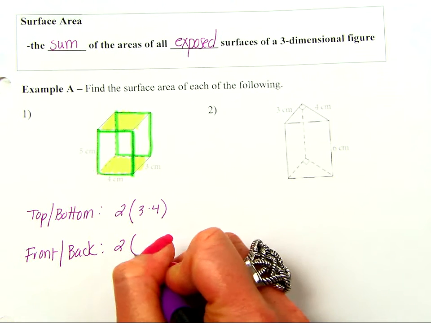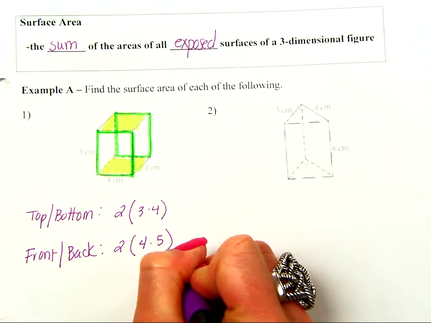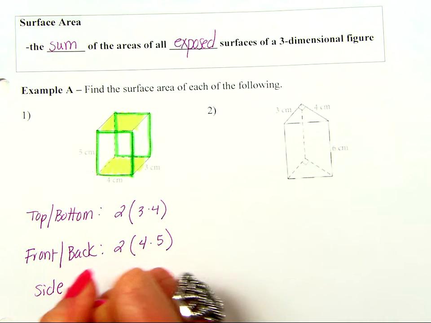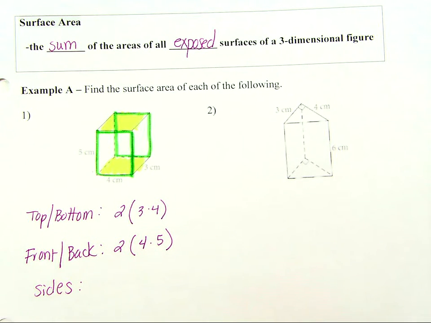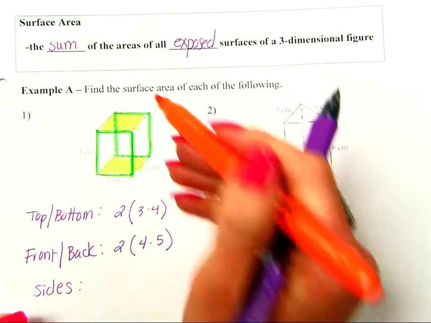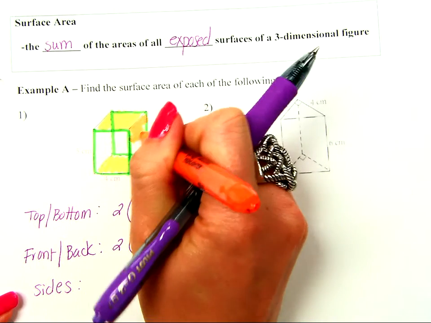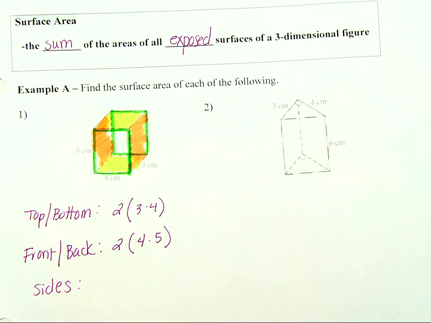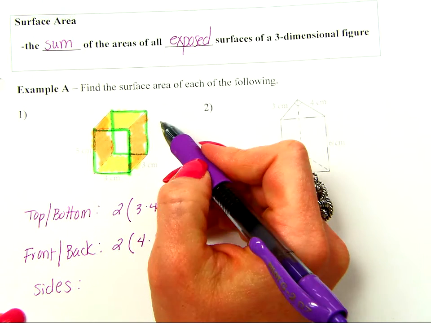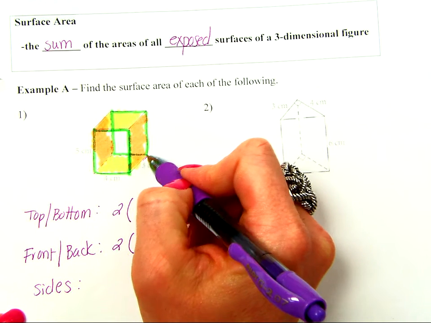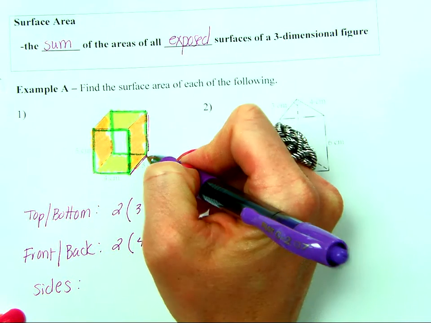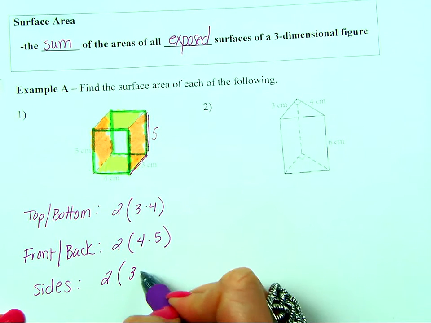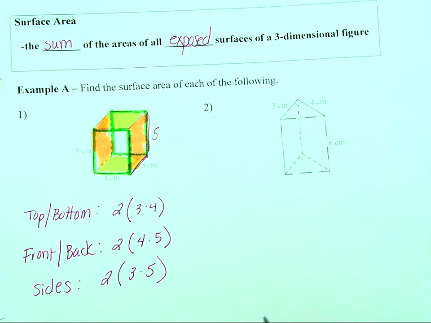I'm going to have 2 of them, 4 by 5. And then finally, what I'm going to think about as being the sides, the left side and right side, the sides of my prism I'm going to think about here and there. And I only see one number here, 3. I know that this would have a height of 5. And so again, I have 2 rectangles. These dimensions are going to be a 3 by 5.